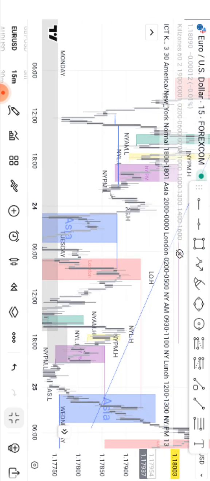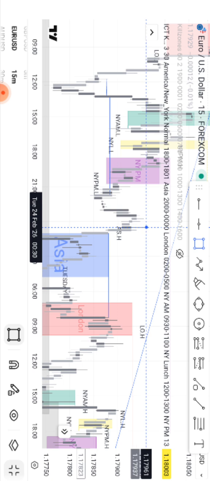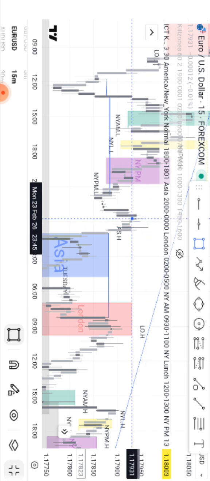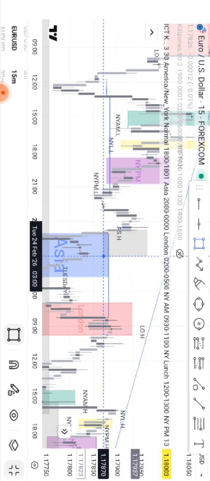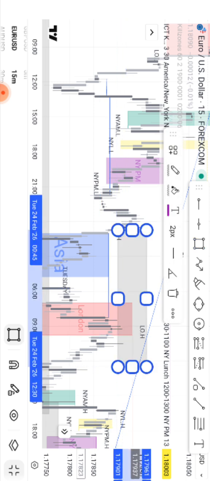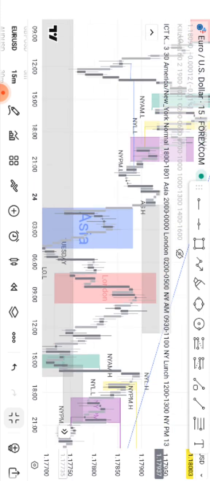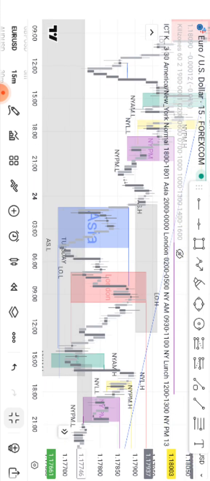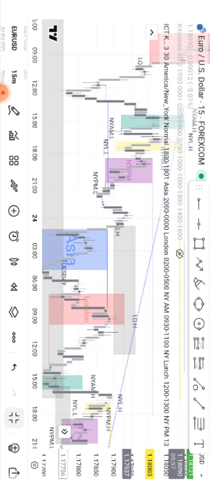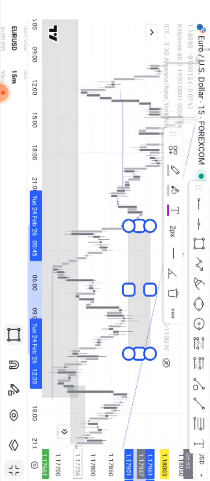This is why I took a counter trend trade. We knew that price swept the Asian high first, and I knew price was going to sweep the Asian low. So I decided to take a little scalp up here.